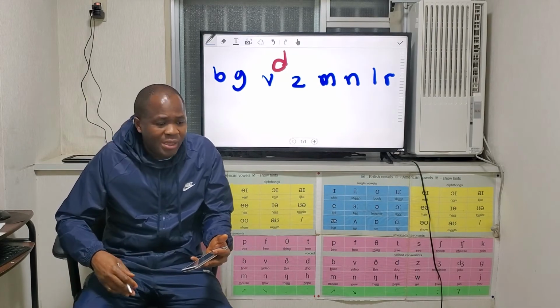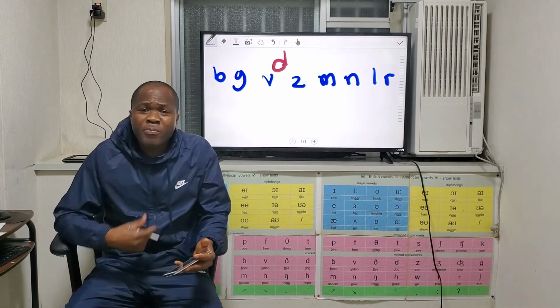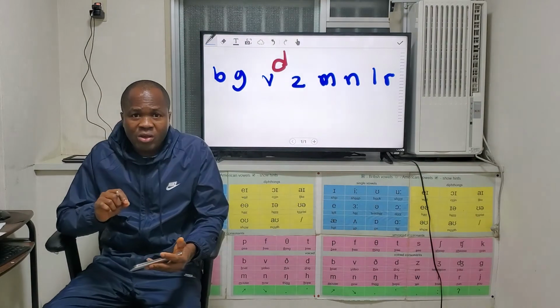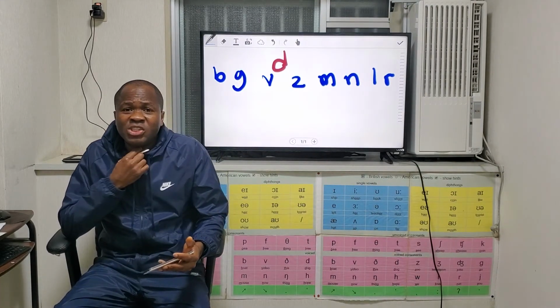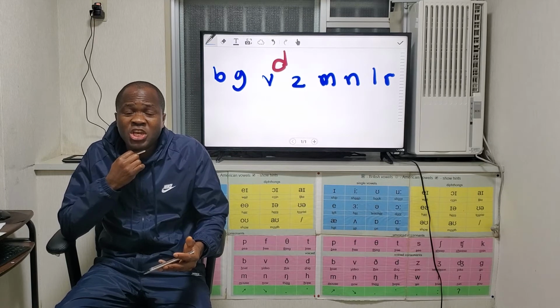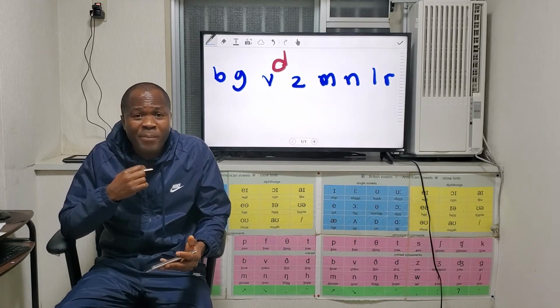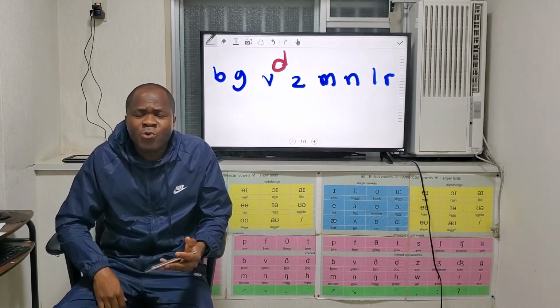That means when you pronounce one of these letters, there is a vibration, a shaking in your throat. When that happens, we call the letter a voiced consonant.